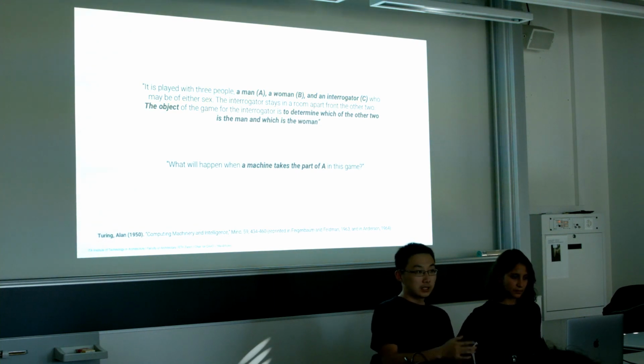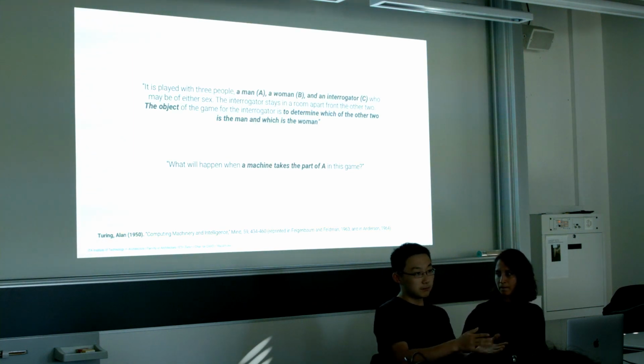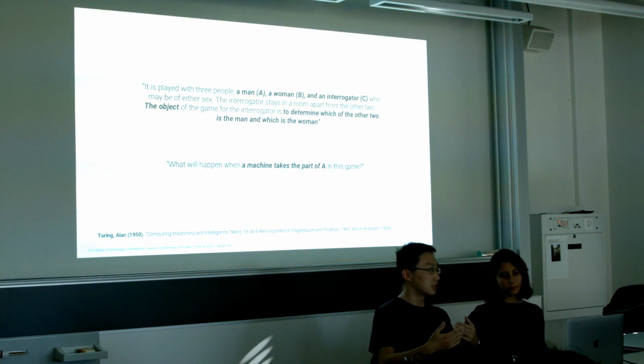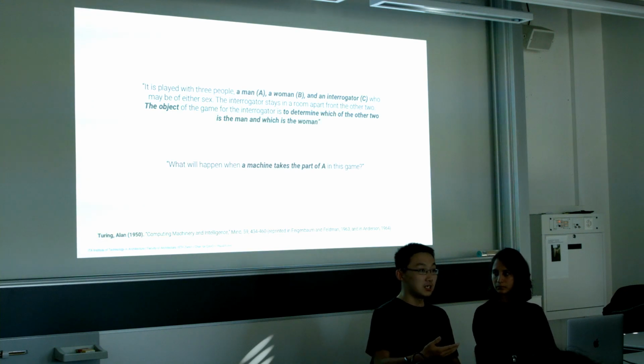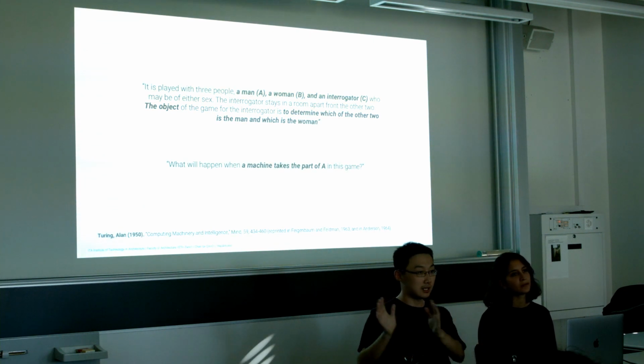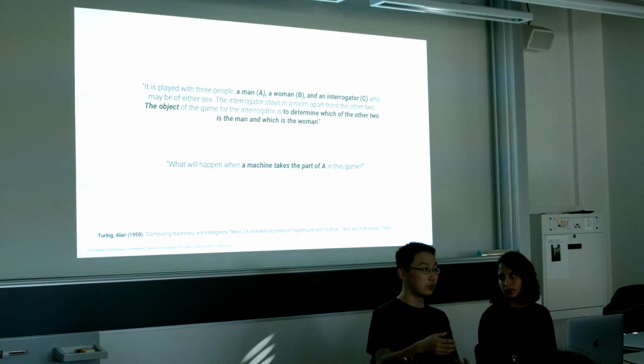During this game, the interrogator asks questions, and both the man and the woman try to answer them. Through these conversations, the man tries to deceive the interrogator that he is actually a woman, and the woman tries to persuade the interrogator that the other is false and she is the real woman.